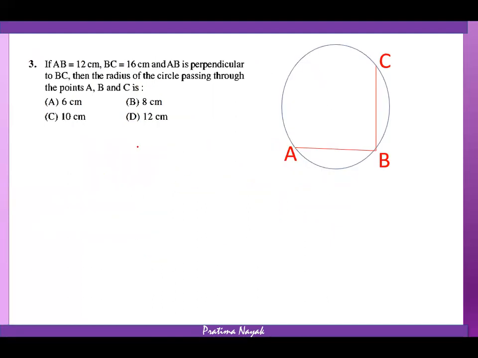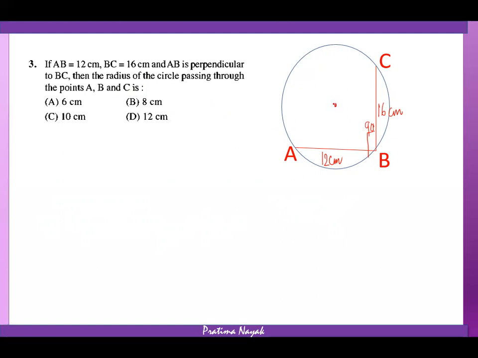Next question. AB is equal to 12 centimeter. BC is equal to 16 centimeter. Now AB is perpendicular to BC, 90 degree. Then the radius of the circle passing through the points A, B, C will be how much?